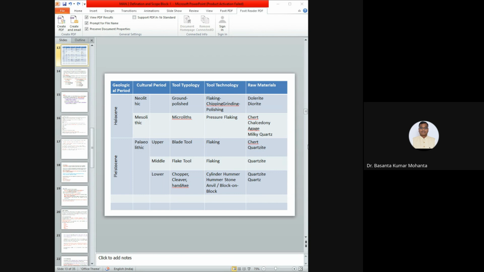In phase 2, that is 1900 onwards, prehistoric research became more developed due to the involvement of different academic and research institutes.